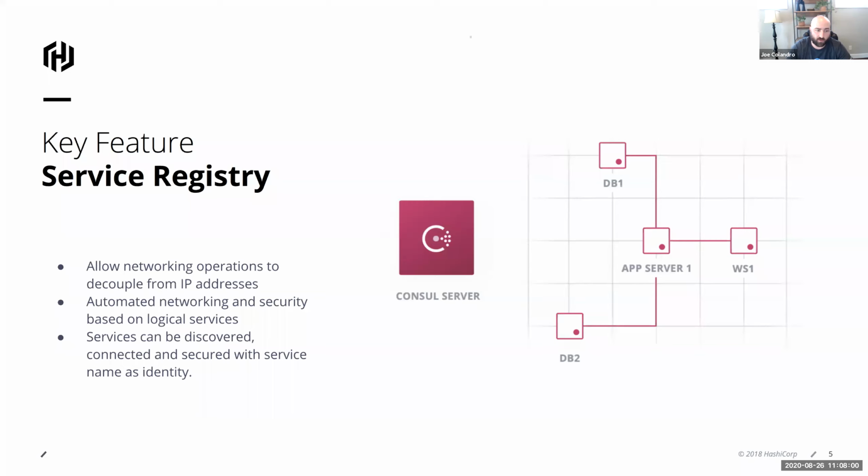It allows for services to be discovered and connected based on a name or an identity and not an IP address. We're just trying to decouple that so that we can ease operations in networking and ease the workflow of our users trying to deploy applications into our enterprise environment.